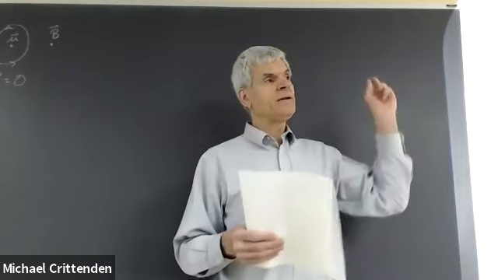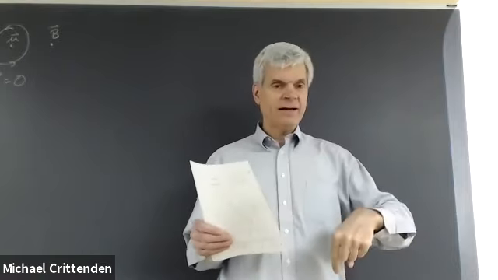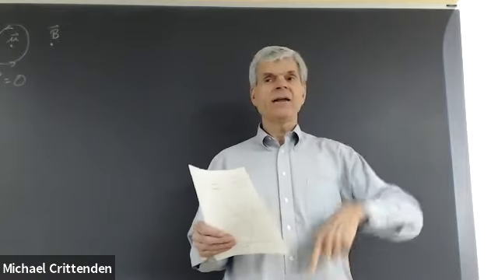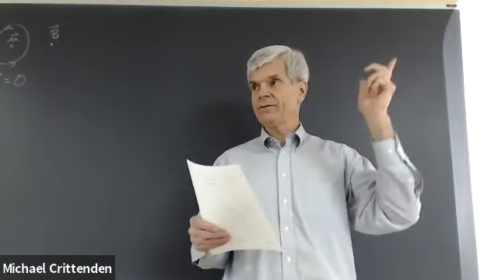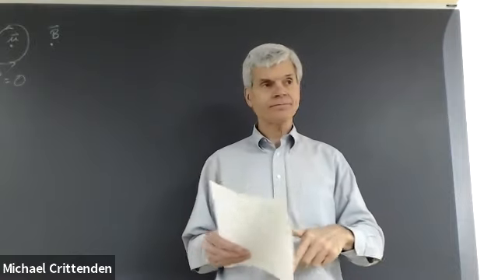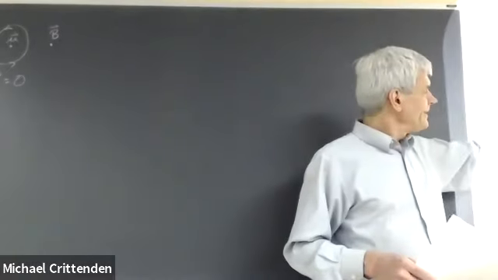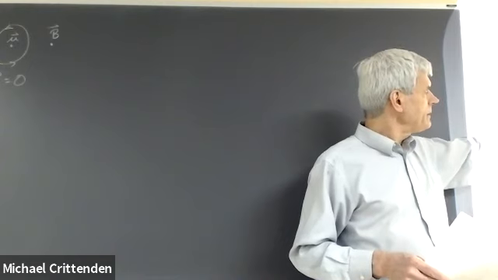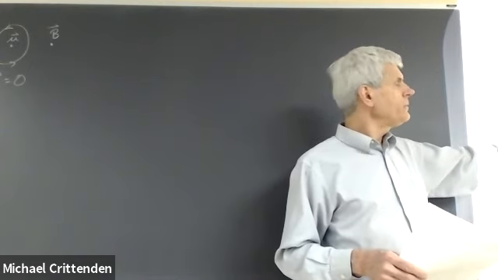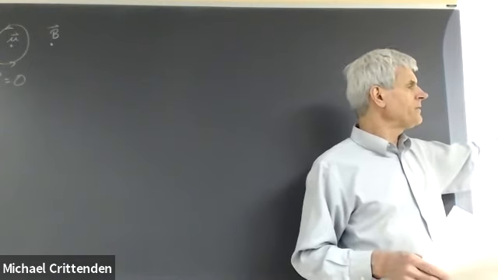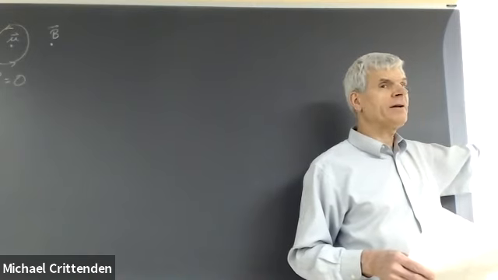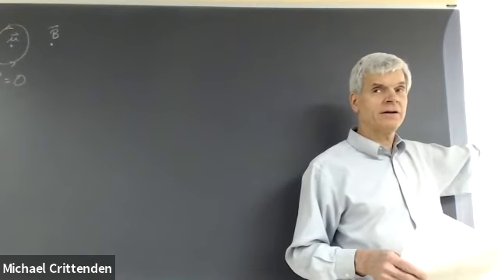So 10 to the positive 18 compared to 10 to the negative 3, that's 21 orders of magnitude difference here, okay? So this kind of thing, you don't have to worry about it until 10% of the speed of light if you're talking about 3 significant figures.